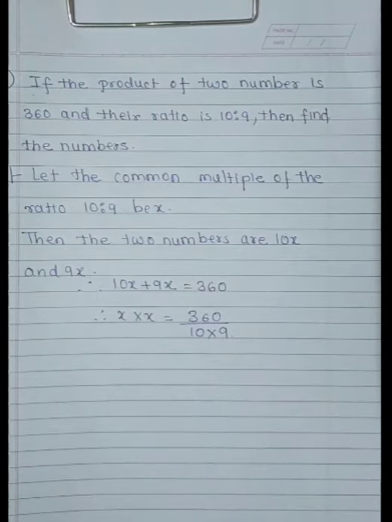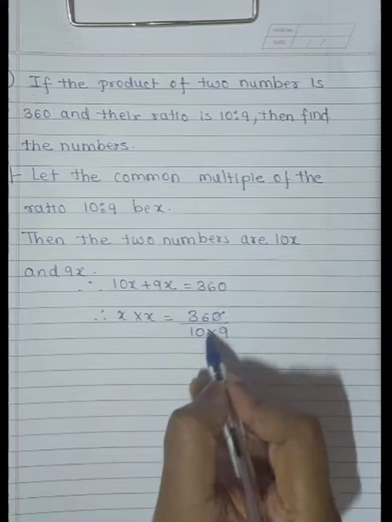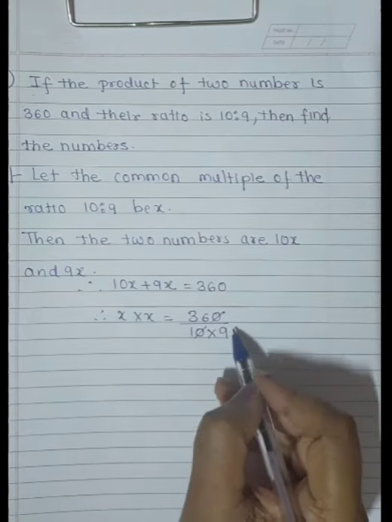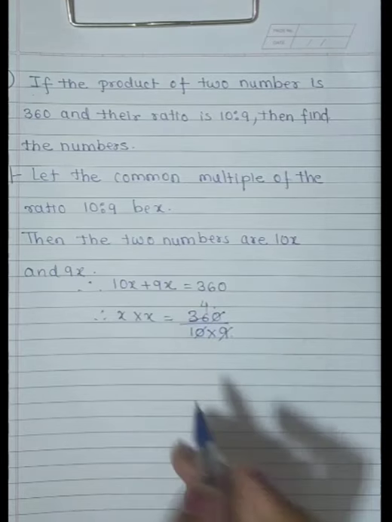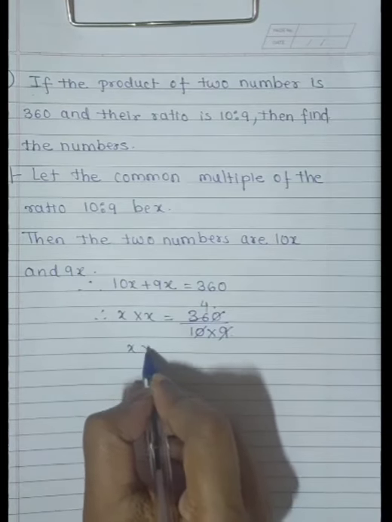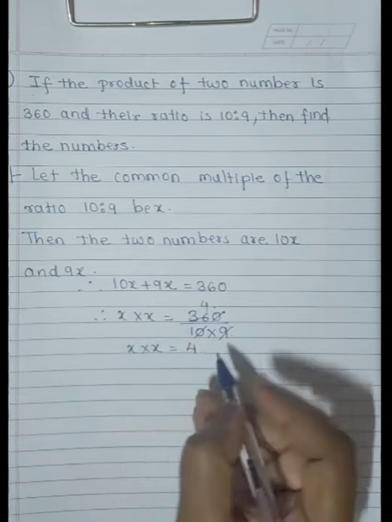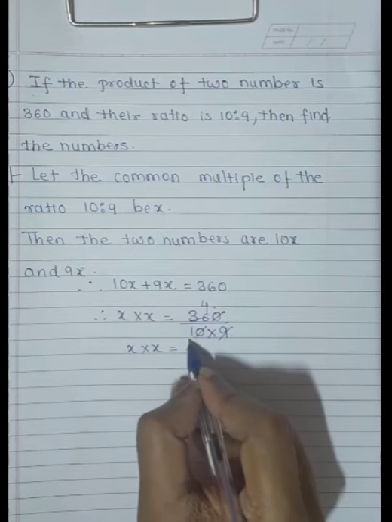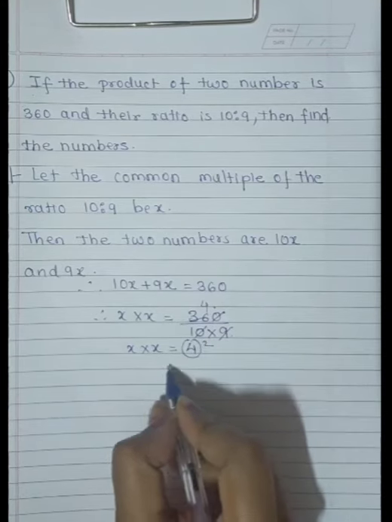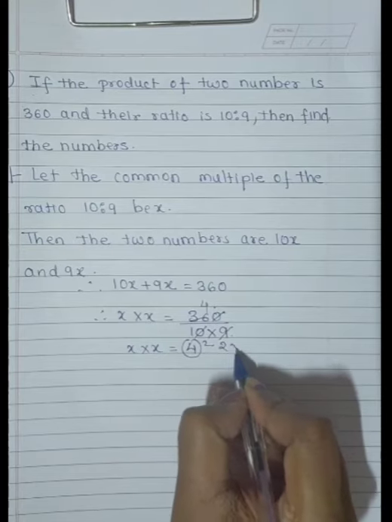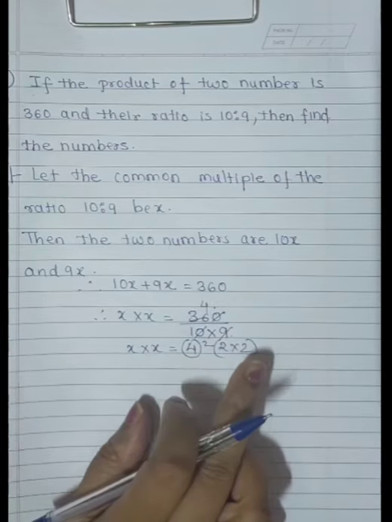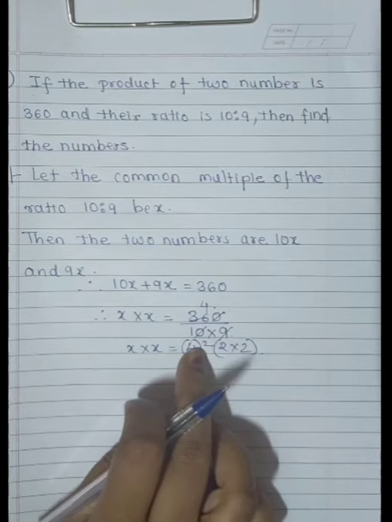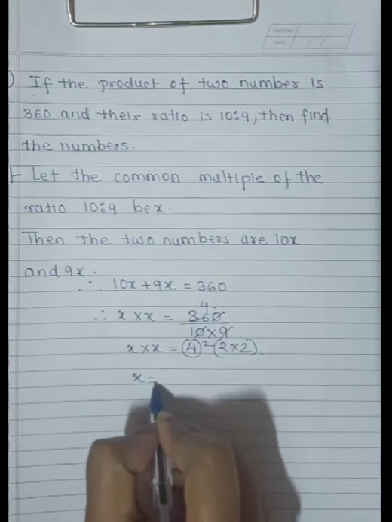Okay, so when we cross multiply this, x into x will get 4. Now we will write this in square form, that is 2 into 2, 2 twos are 4. So x is what? x is 2.